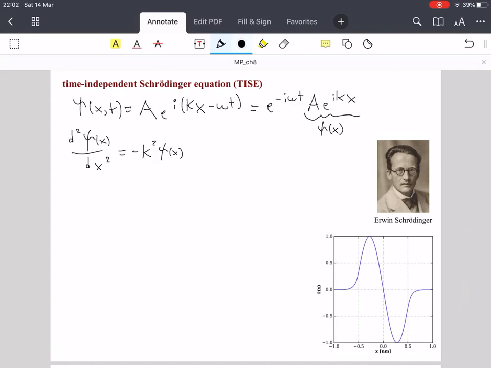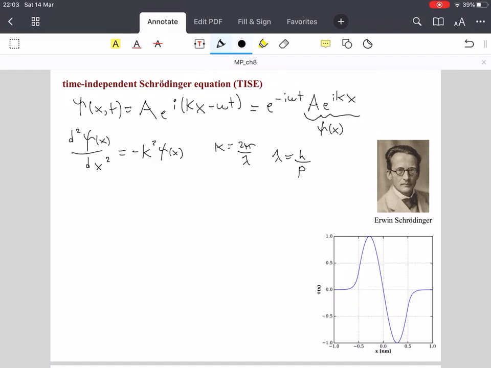So we have that k is 2 pi over lambda, and we know from the de Broglie relation that this wavelength is given as h over p, where h is Planck's constant and p is the momentum.